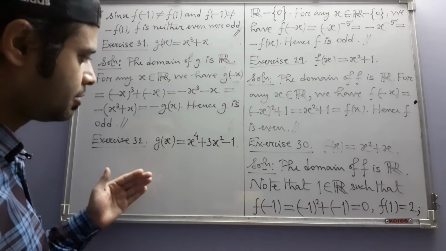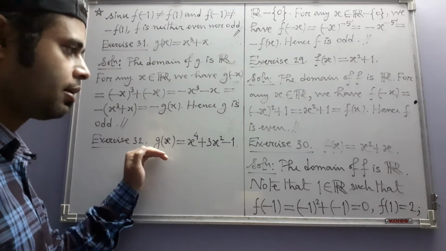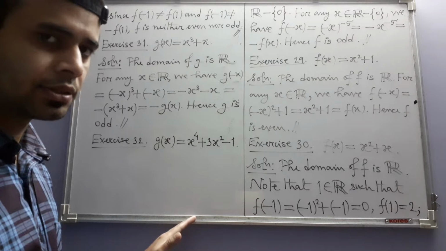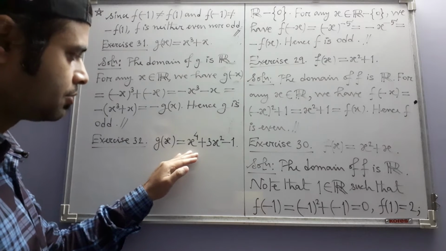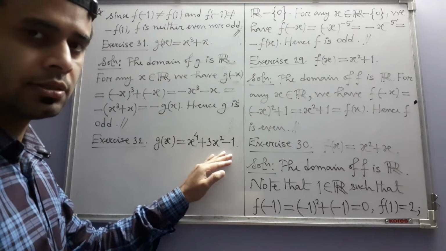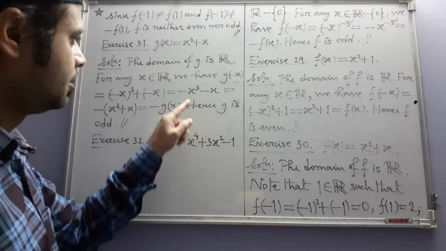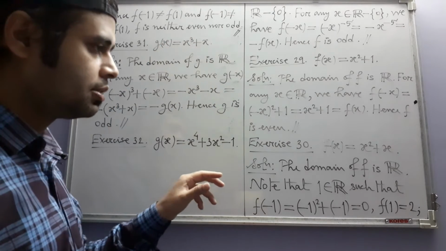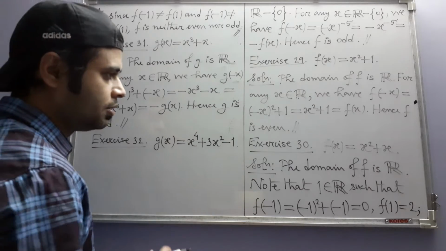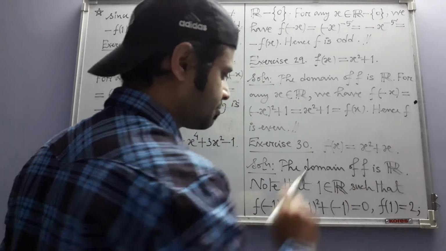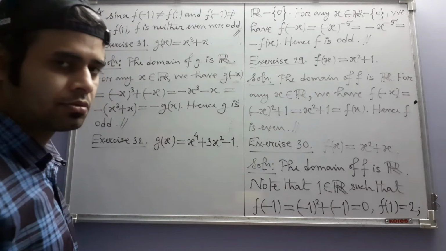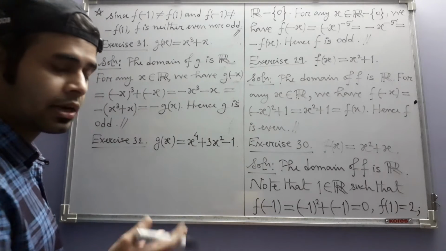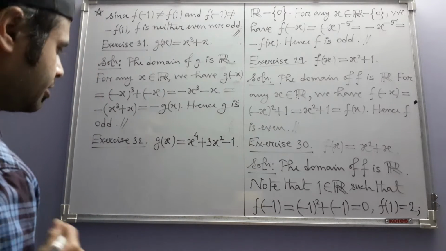Of course, you can only say that after you have verified that the function is even, but you can guess beforehand that this function for example is even. Here we have odd exponents 1 and 3, so it's odd. But here we have mixed exponents 2 and 1, so it is neither even nor odd. You can guess like that.